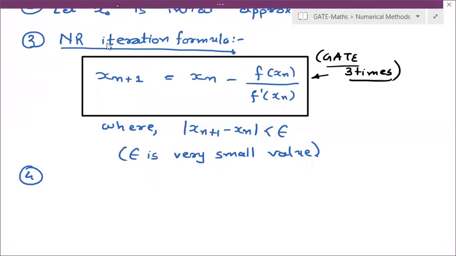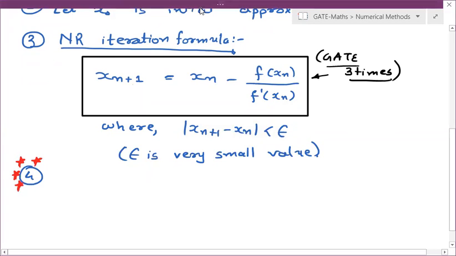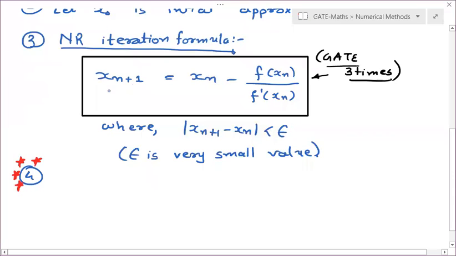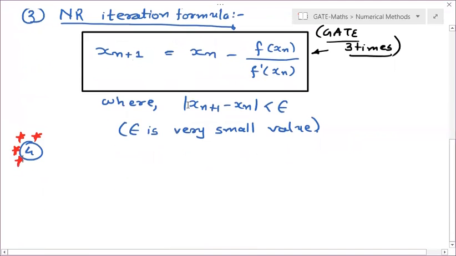Now this fourth point is very, very important, because students are ignoring this fourth point, and many students do not know it. What do general students do? They say, oh, this is the formula, these are the steps, we will apply this and get our answer. But it is not like that. So it is better to always remember a formula or method along with its constraints.